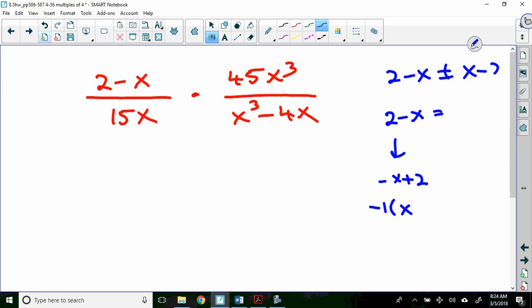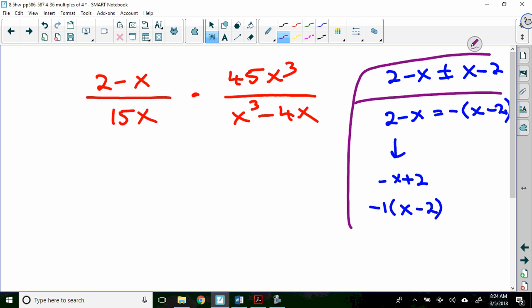It would be negative x plus 2, so it's negative 1 times x minus 2. Ooh. So it's the opposite of x minus 2. Okay. Real important idea. There's going to be two questions on the quiz that utilize this fact. Okay.